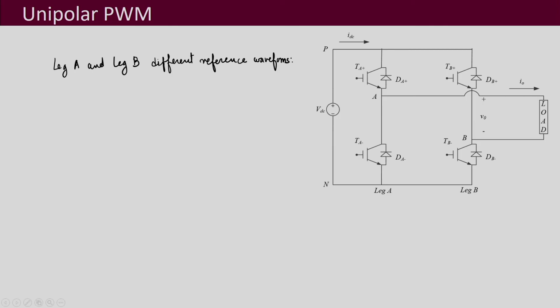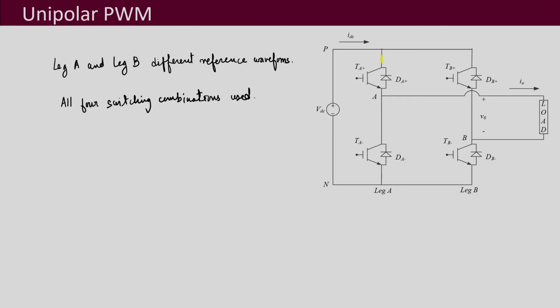Since we are not using specifically the combination of TA plus TB minus and TA minus TB plus, and instead we are looking into individual legs, all four switching combinations arise in unipolar PWM. All four switching combinations are used.